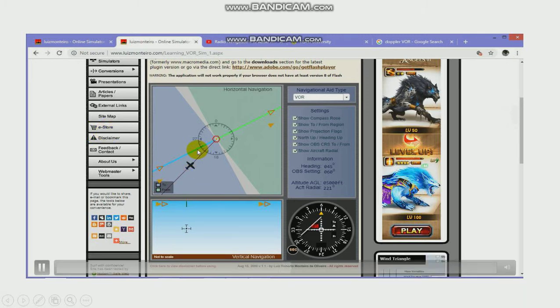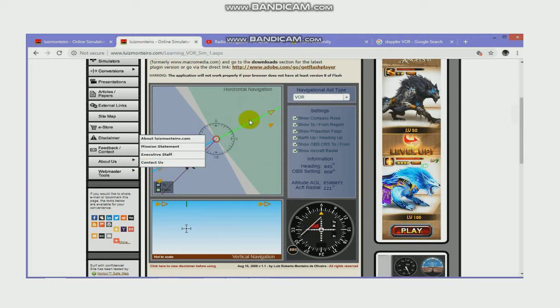This line here represents the radial. If this line is on your left side, meaning you should fly to the left side in order to intercept your desired course.